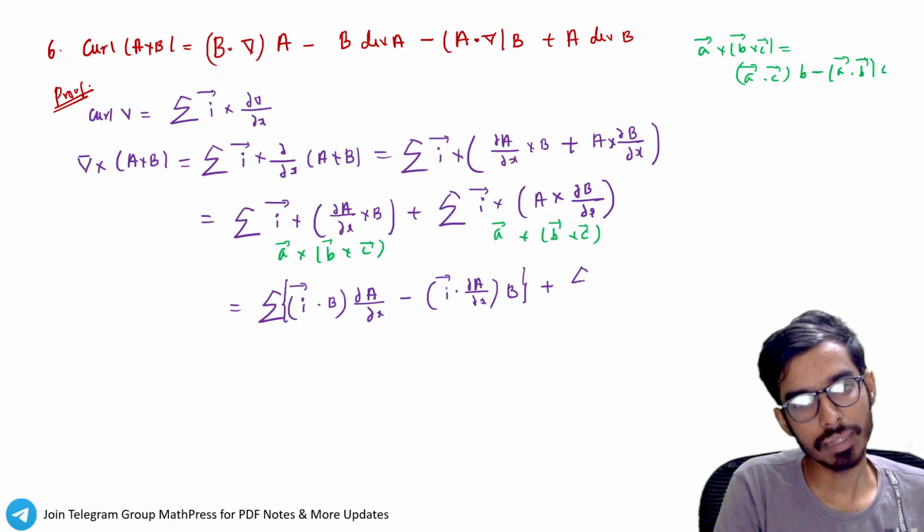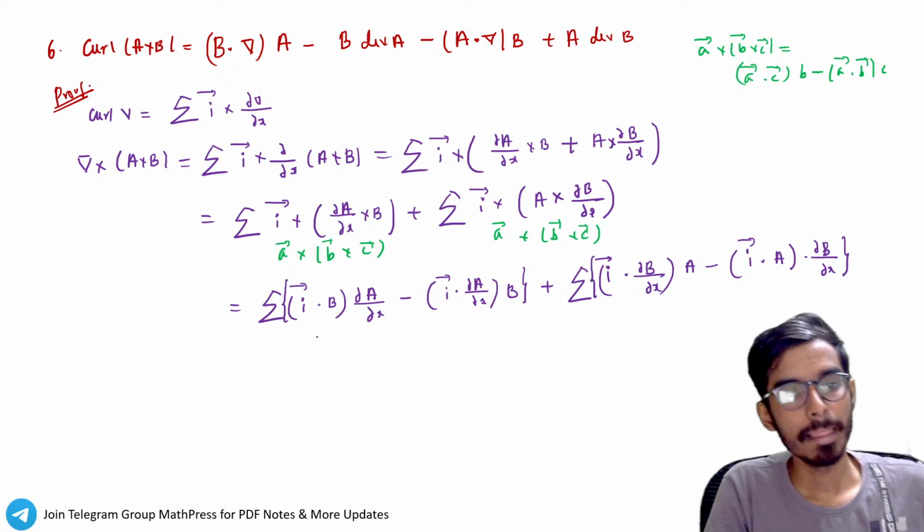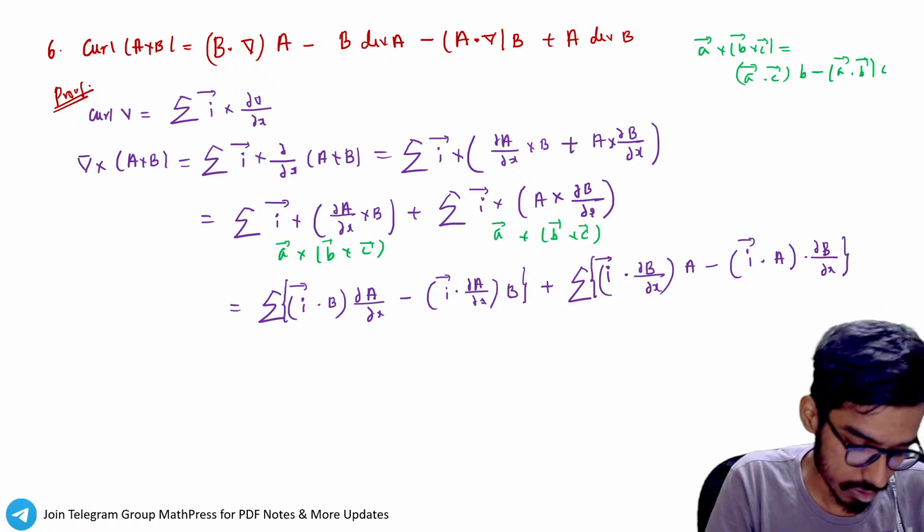Plus here I'm going to apply the same result: A dot C into B minus A dot B into C. Now we just simplify this.